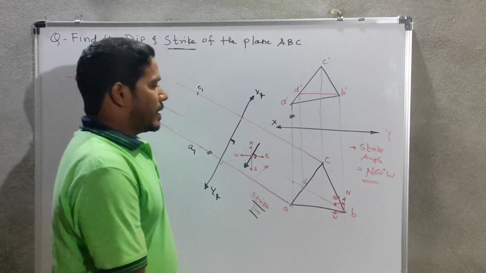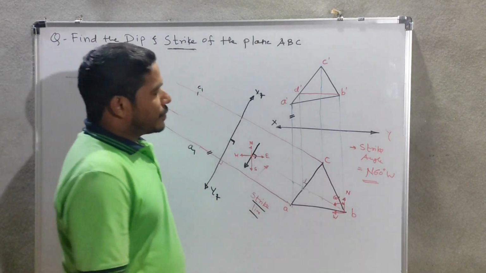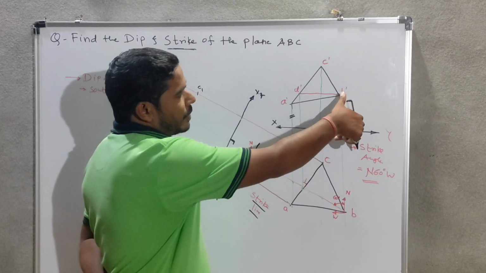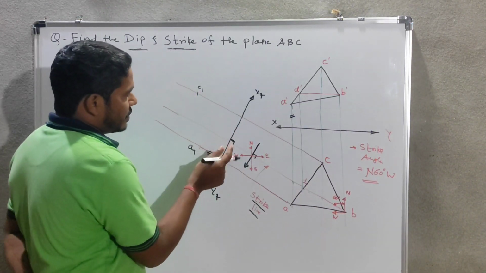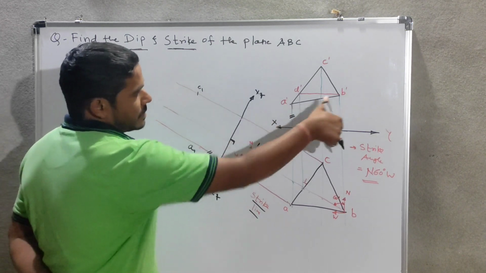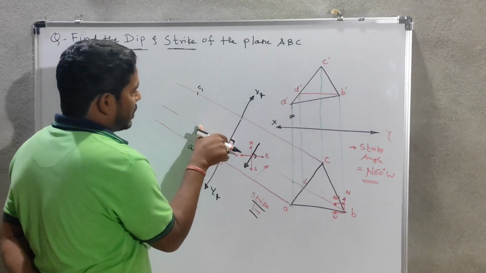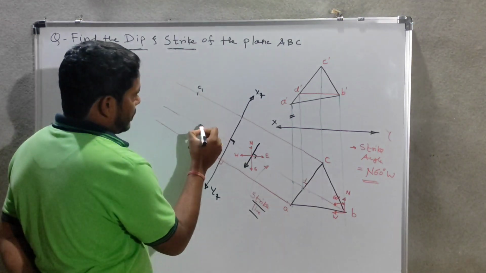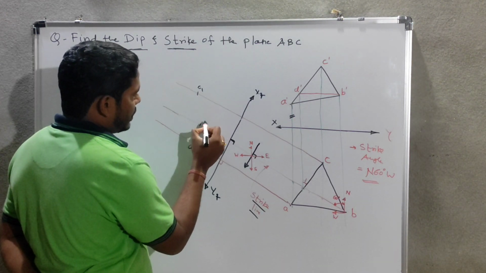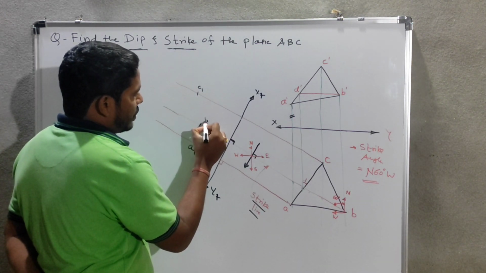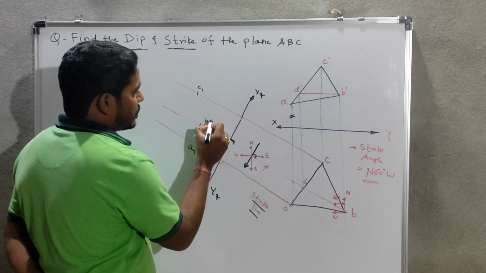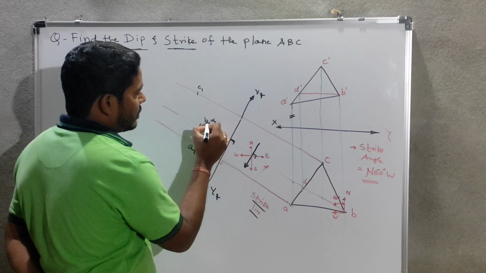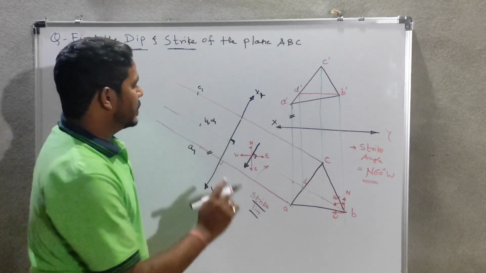Then afterwards we have to take the distance of the point B from xy, and on the projector of B itself we mark this much distance here. So here will be the point B1. D is also at the same distance, so here also will come D1, B1 and D1.